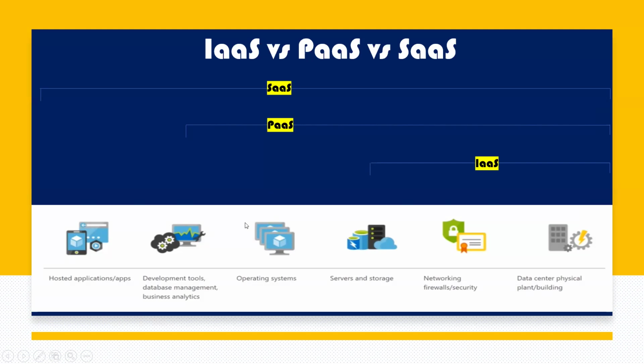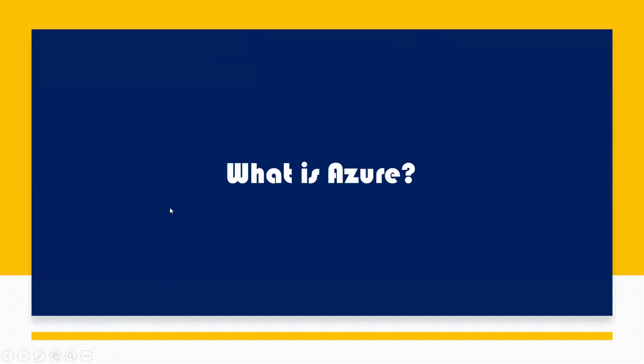You can start to develop. And software as a service means, on top of all of these, the ready-made developed application will be available. Directly, you can start to use it. Okay, these are the services.